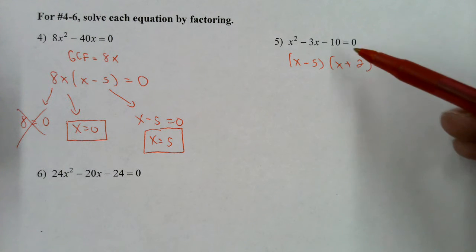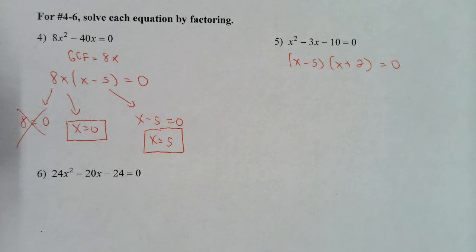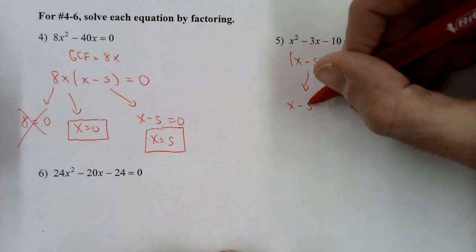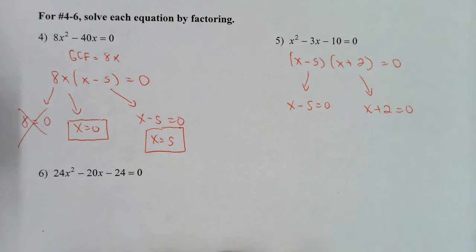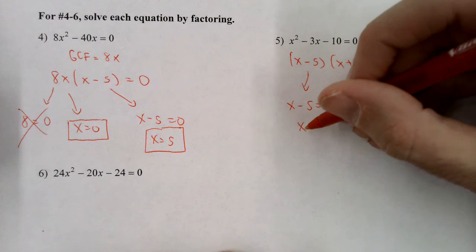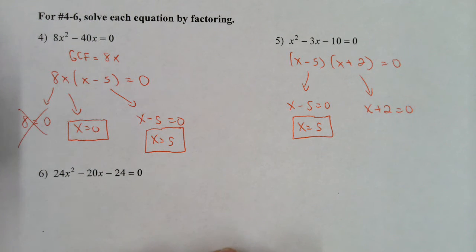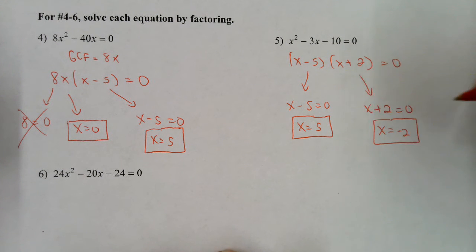Because negative 5 times 2 is negative 10, and negative 5 plus 2 is negative 3. So now you're going to set each factor equal to 0 and solve. So x minus 5 equals 0, which gives you x equals 5. x plus 2 equals 0, which gives you x equals negative 2.